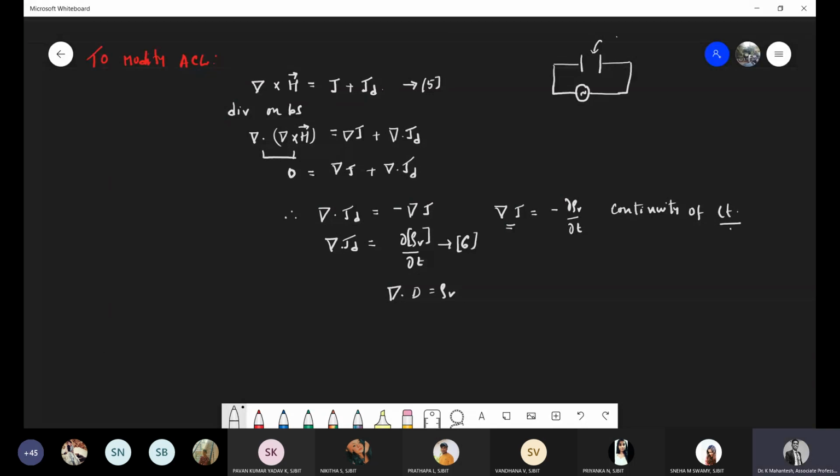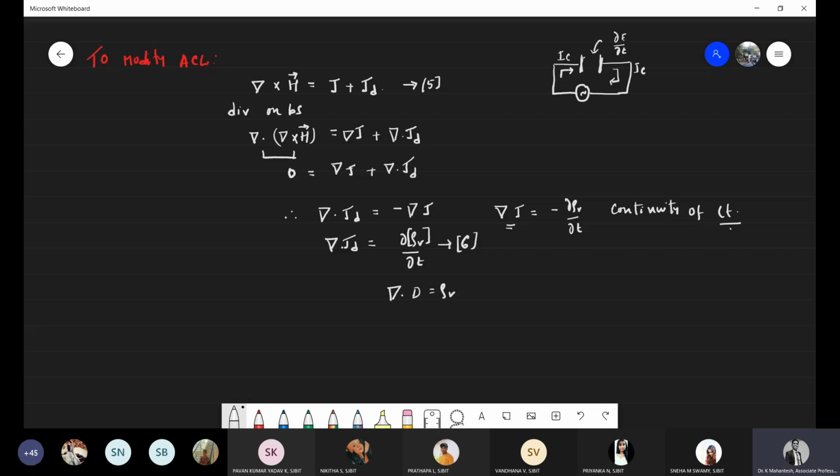Due to varying electric field, there was a displacement of current from this position to this position. And here, till here, it was a conduction current IC.